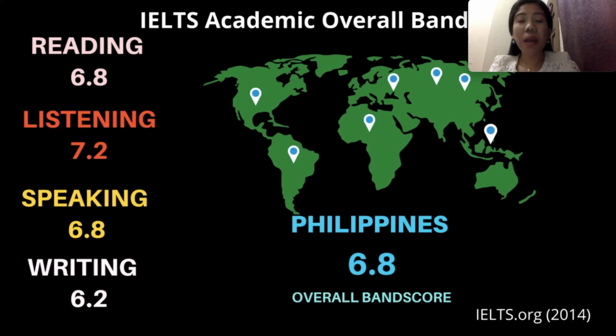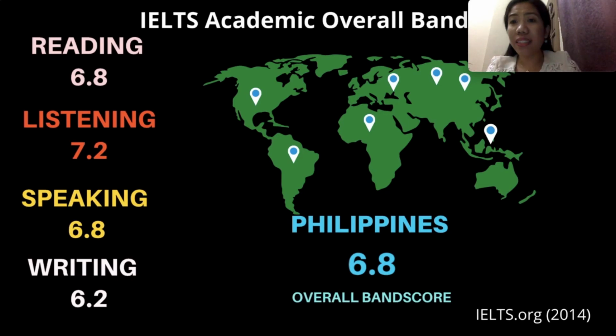And by far, per mean band score, we are only at 7 or close to 7, a little bit over 7 with reading, listening, speaking. Writing is really an arduous matter. It takes time. It's a gradual process for writing. For the overall band score, we have 6.8.